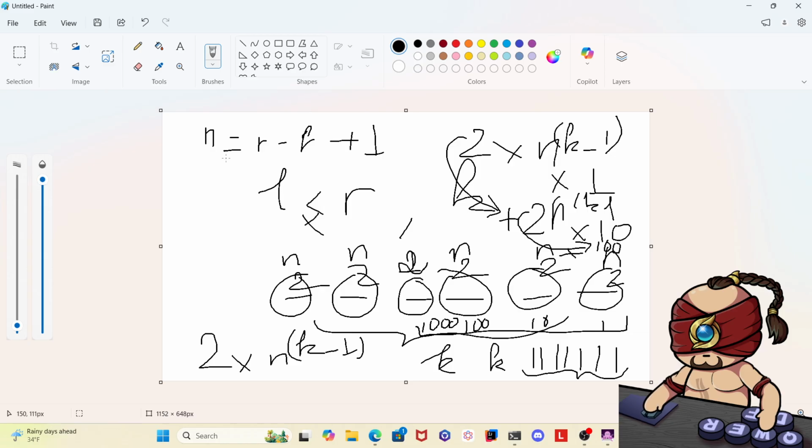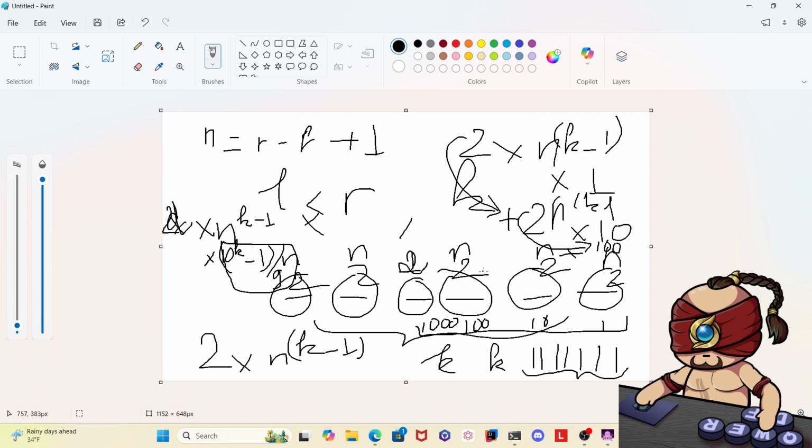So overall, you can come to the formula: digit times n to the k minus 1 times 10 to the k minus 1 over 9. Okay, this part is kind of confusing, but you can figure it out if you just draw it out on a piece of paper.